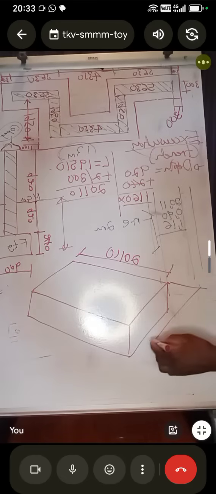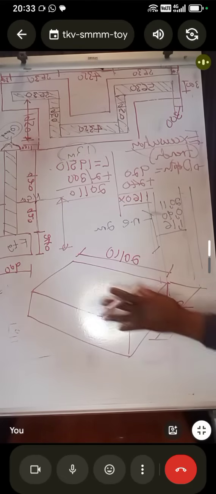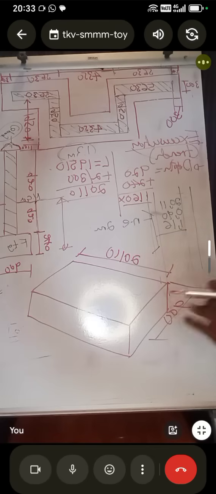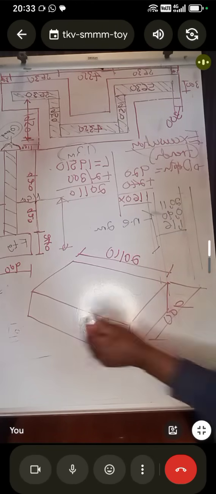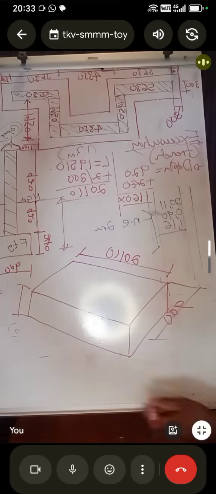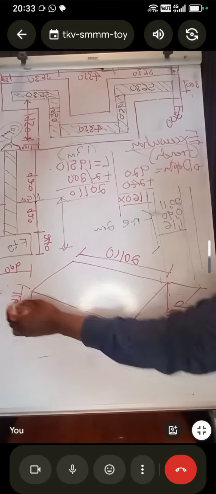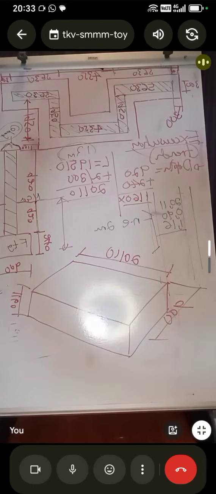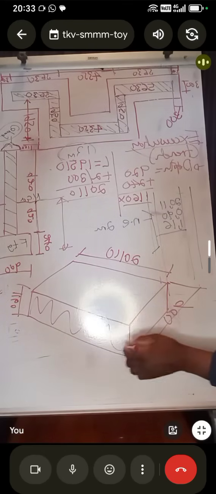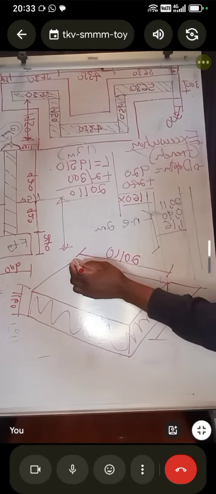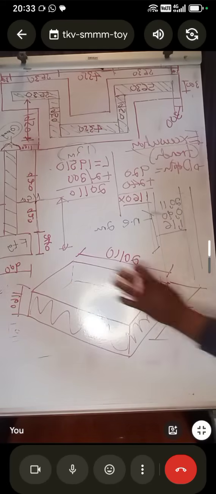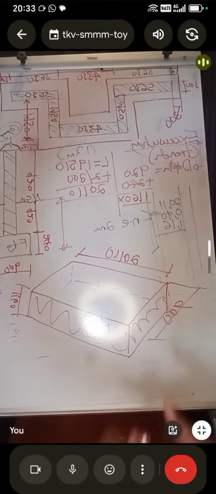And then the width this side is 900. On the top there, we're going to apply this kind of method when we are doing the lean-to roof. This is what we're going to have. Now, this red line represents the undisturbed soil. Inside, there's a space where we have to build the brick wall.